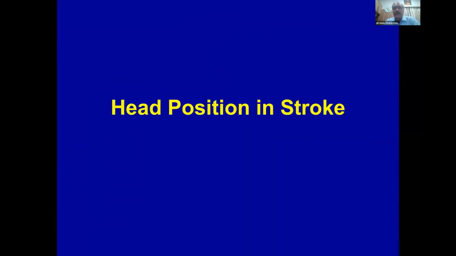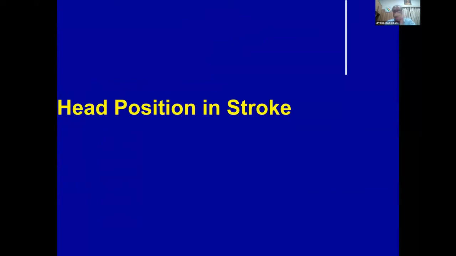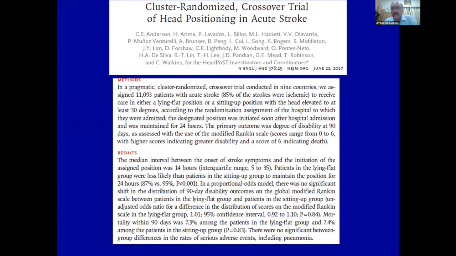What about head position? There has been a huge debate about head flat or head end up. So this research question was tested in the HeadPoST trial. More than 11,000 patients were randomized across, I think, more than 100 hospitals in many countries.